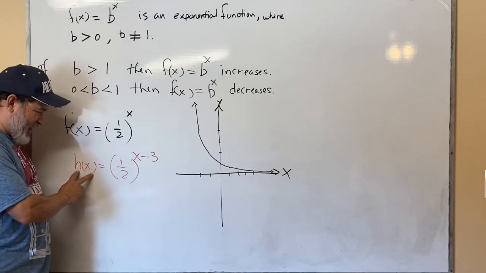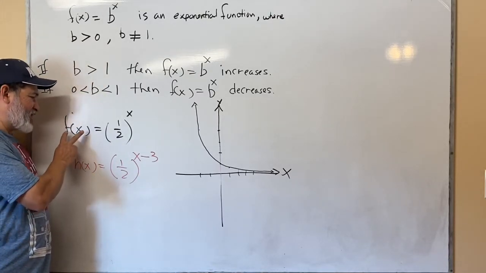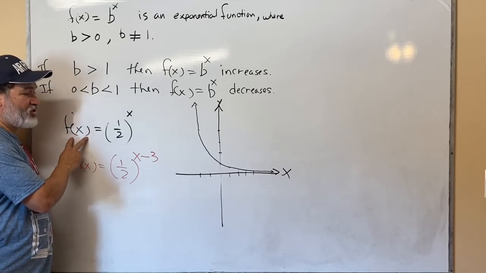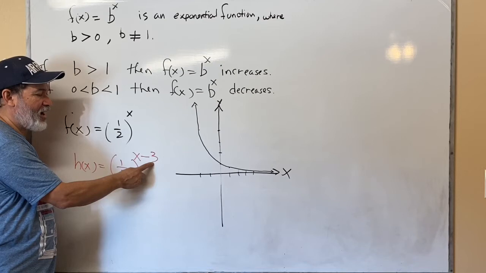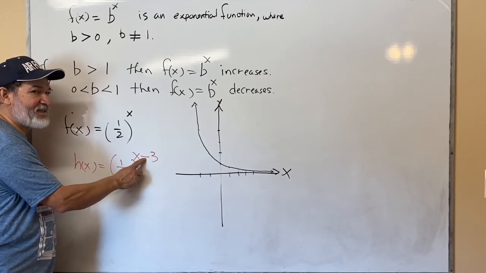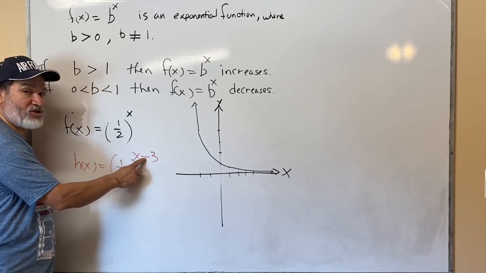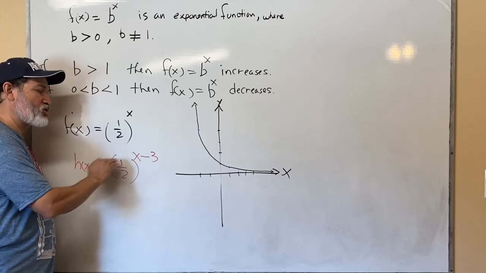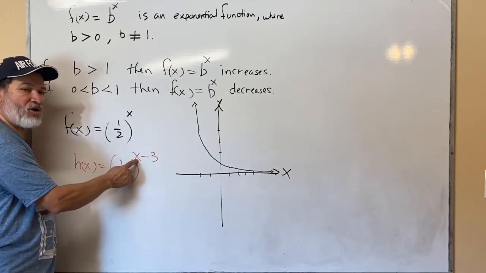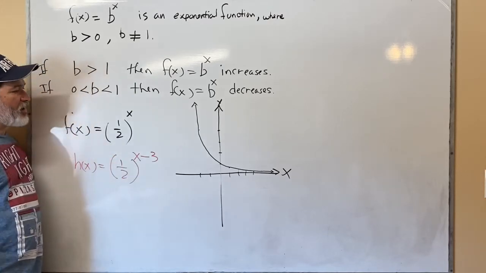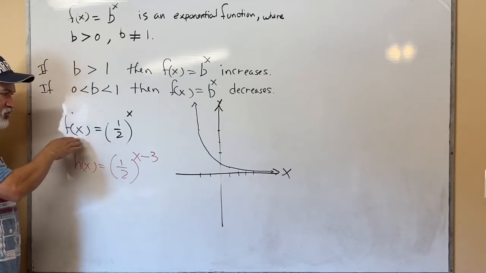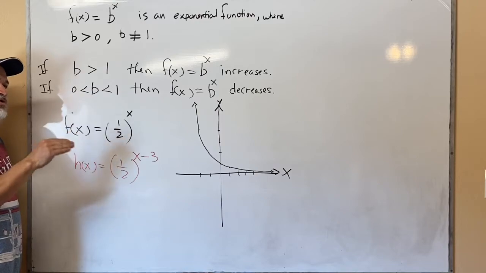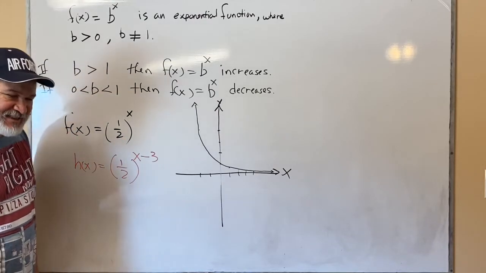This h of x is really f of x shifted 3 units to the right, in the opposite direction. So this is a horizontal shift because it's being done to the argument. Every point of this moves 3 units to the right.